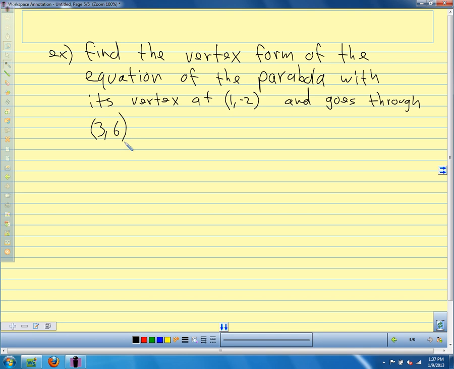So we know the vertex of our parabola, and we know a point that it goes through. And we want to write our function in vertex form, given this information.